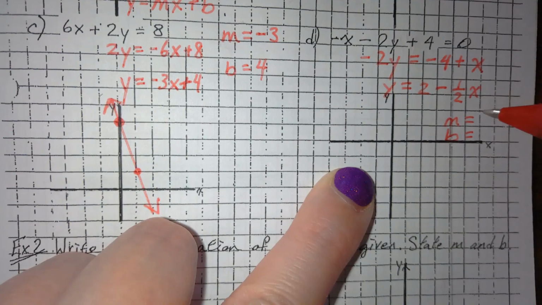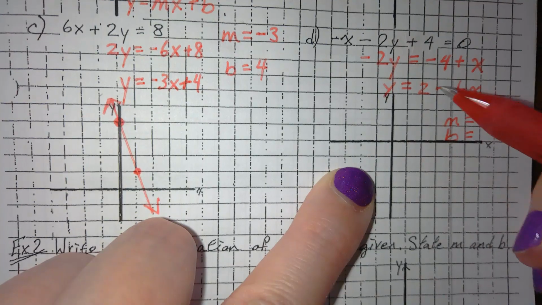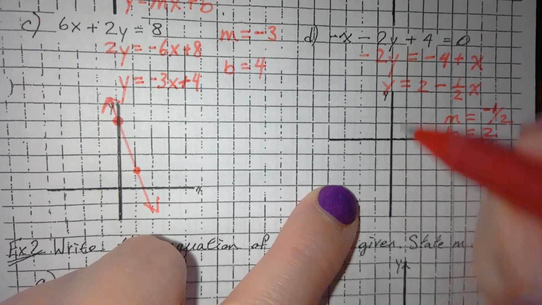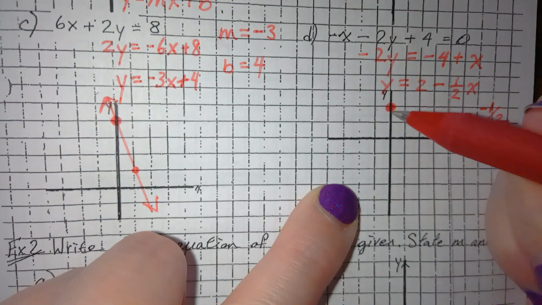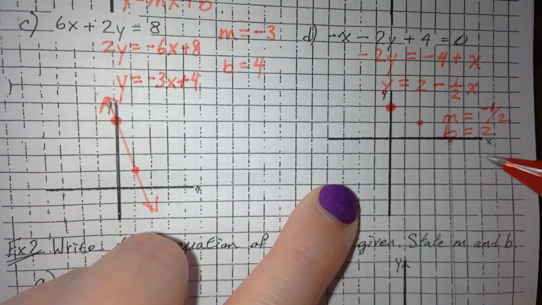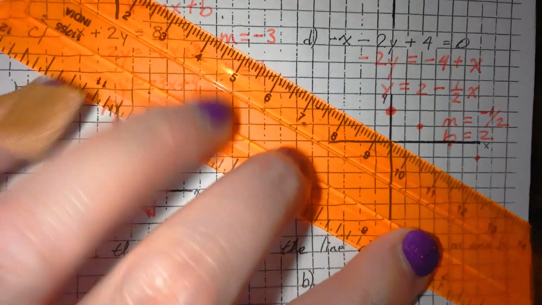So in this case, your slope is -1/2. It's not the order, but the coefficient in front of the x. And b would be 2, right? So plot the b, and then go down 1/2, down 1/2, down 1/2. Okay, and I'm going to draw the line.